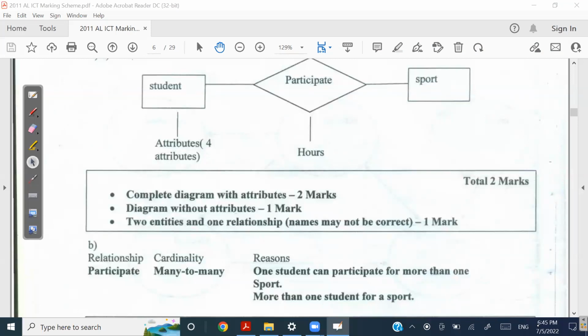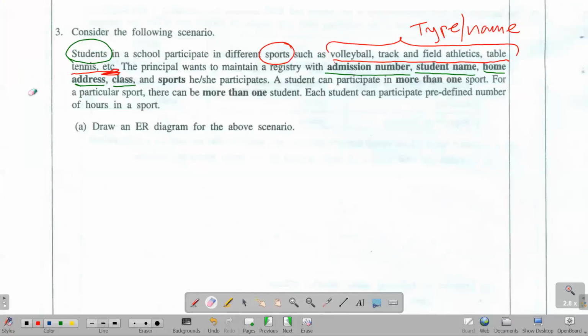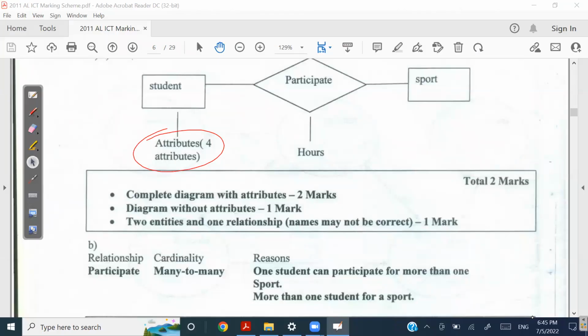So when it comes to the marking scheme, right? It says 4 attributes should be there. So admission number, address, name, and the class, right? Those things should be there.